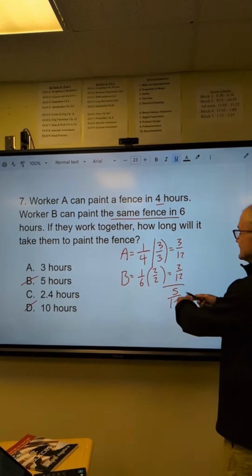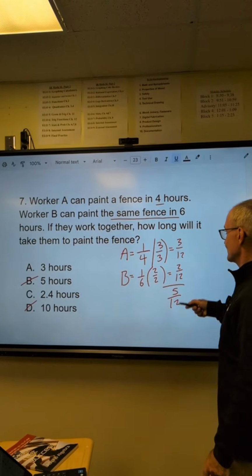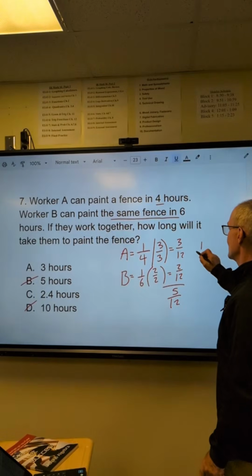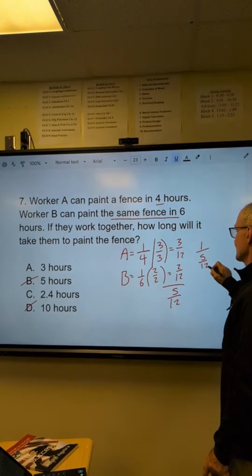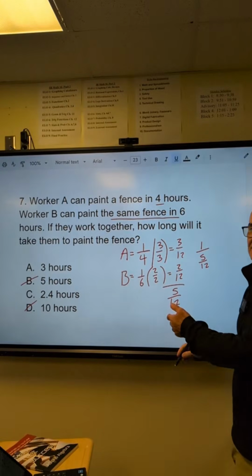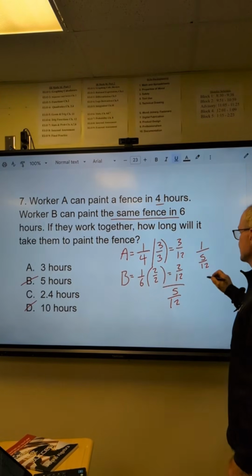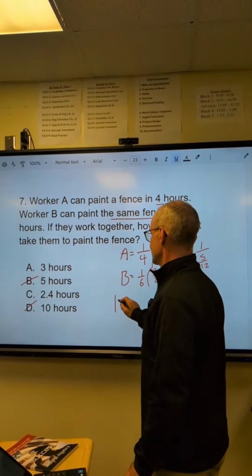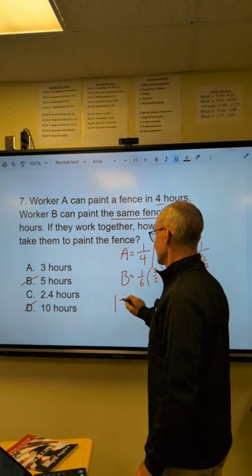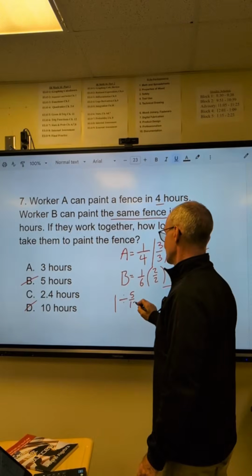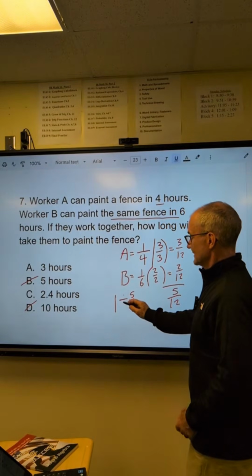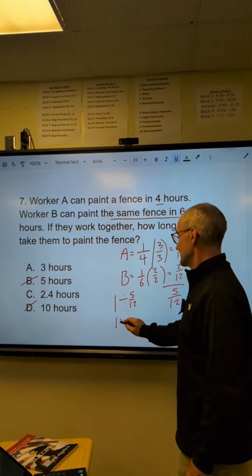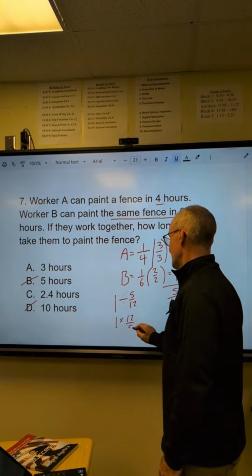So that is one fence over 5 twelfths. So it's really saying 1 over 5 twelfths, which is saying 1 divided by 5 twelfths, right? The way I divide is I multiply by the reciprocal, so 1 times 12 over 5.